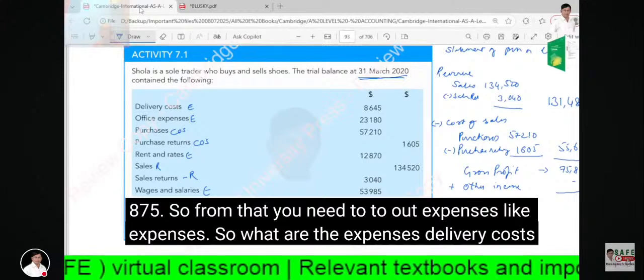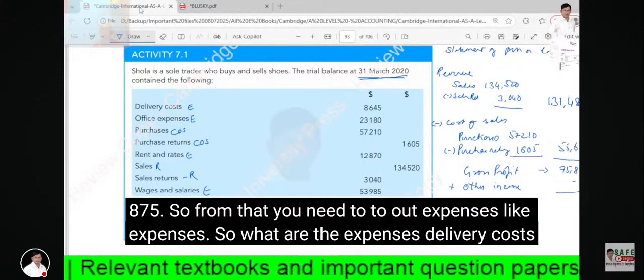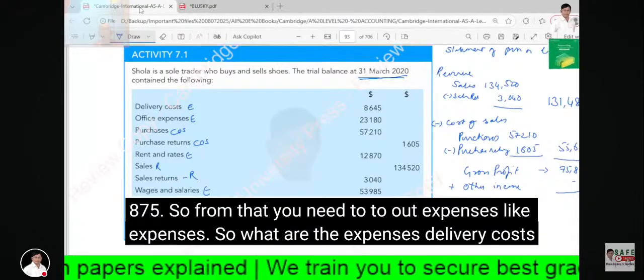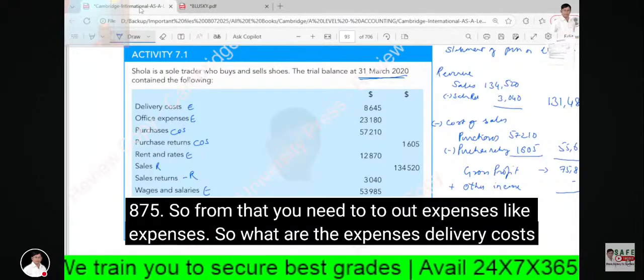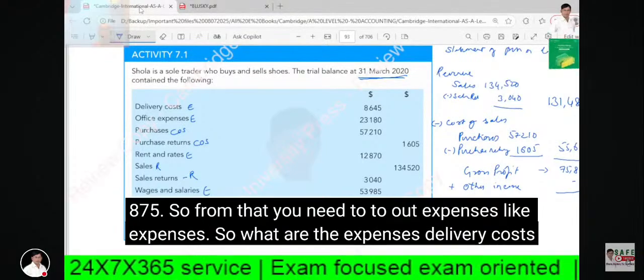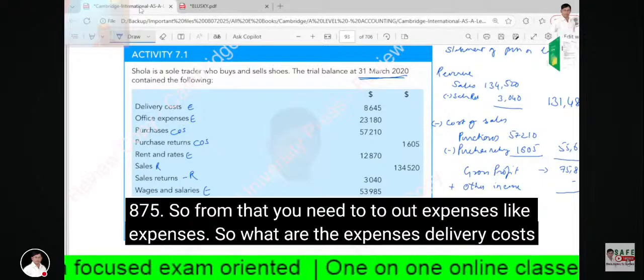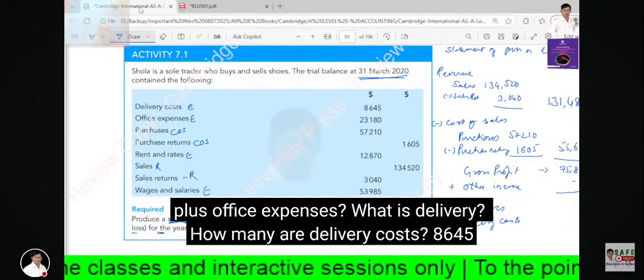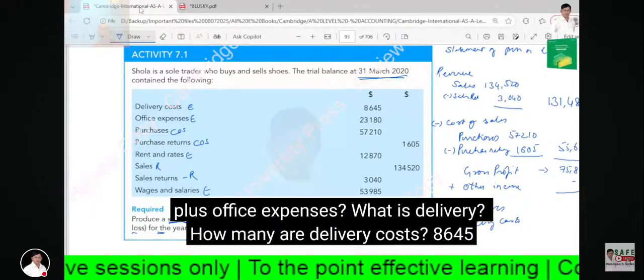So from that you need to take out expenses. So what are the expenses? Delivery costs, office expenses. How much are delivery costs? 8645.